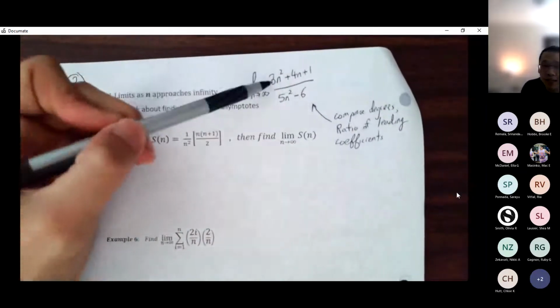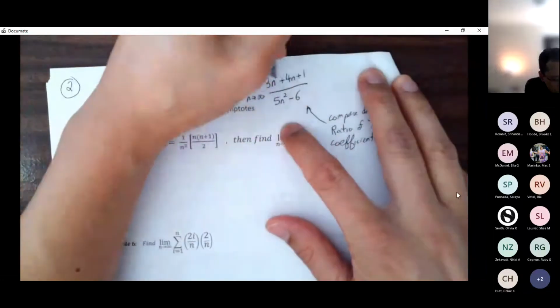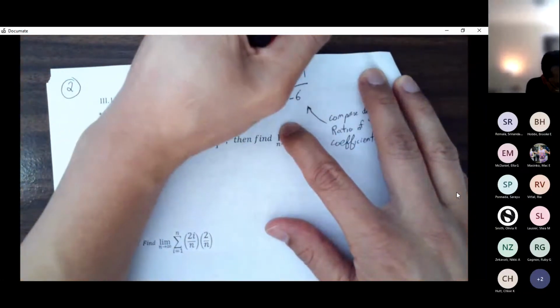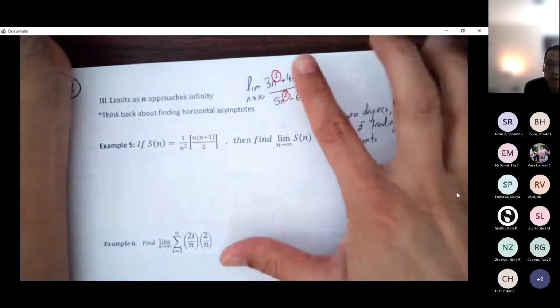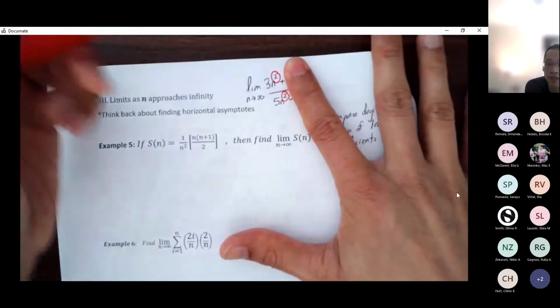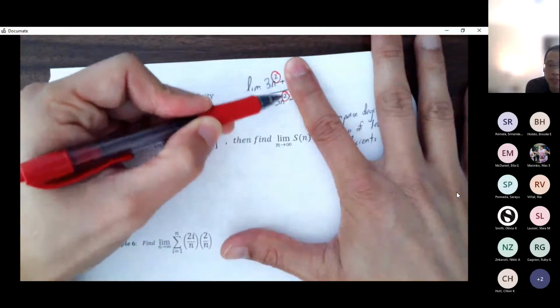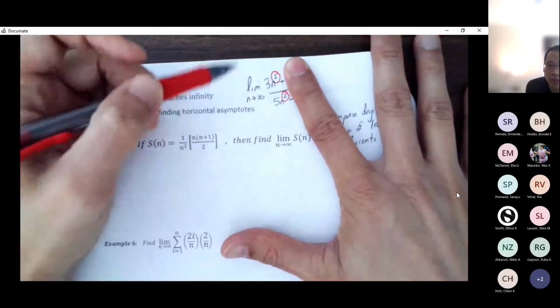So we identify the highest degree. The highest degree for the numerator is 2. The highest degree for the denominator is also 2. We basically can ignore all the other terms that don't have that high degree. They're not going to play a role in finding the limit. These two terms are really dictating what this value is headed towards.